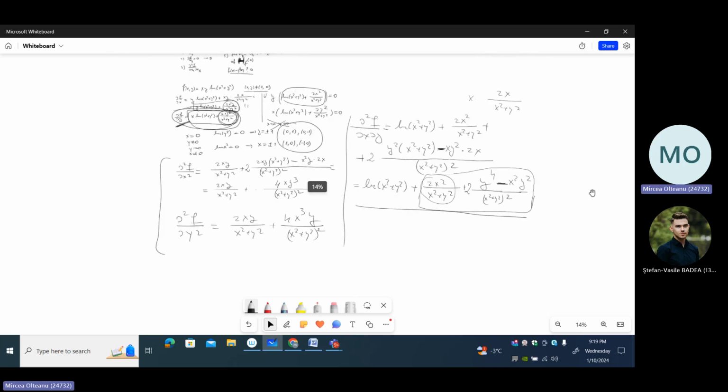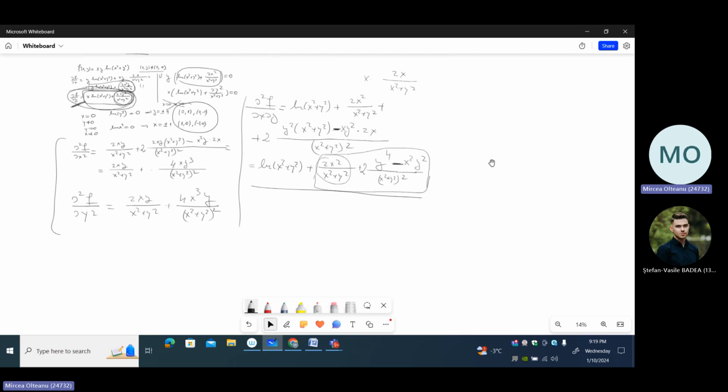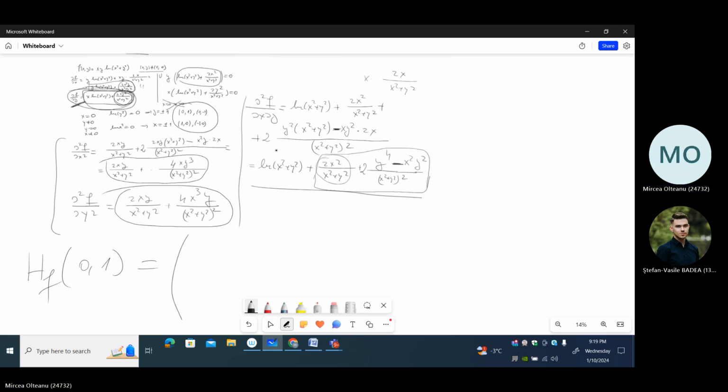Okay. So now, let's write the Hessian matrix at each critical point. So the Hessian matrix at the point (0, 1). The second order partial derivatives are written here. We put x equals 0 and y equals 1. This is 0, this one is 0. Here we have logarithm of 1, which is 0.